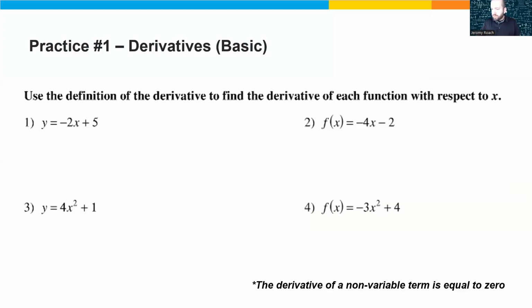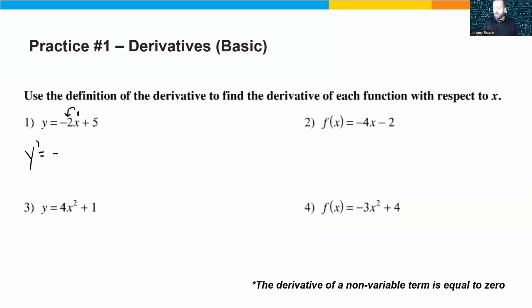And to use the power rule, what we do is we figure out what is the exponent on each of our variables. Whatever that exponent is, we bring it down in front and we multiply the coefficient, the number that's in front of the variable, times the exponent. So this one would be, we write the derivative like this.